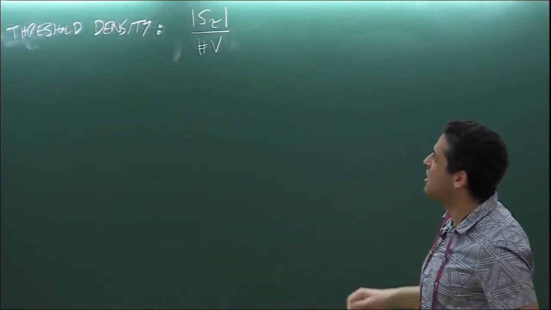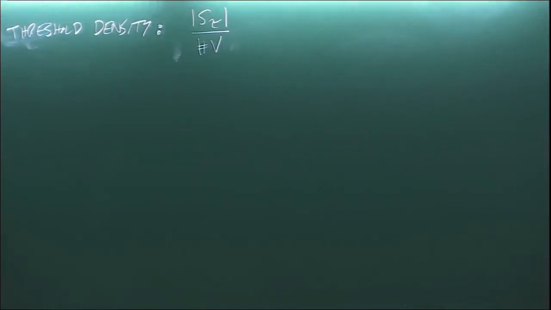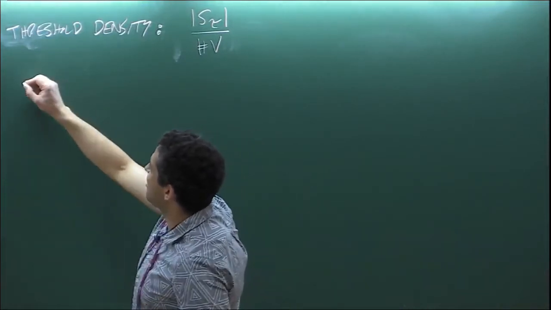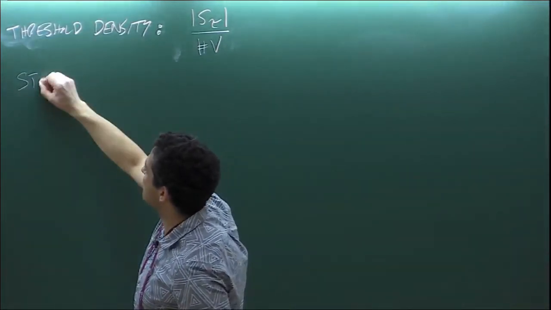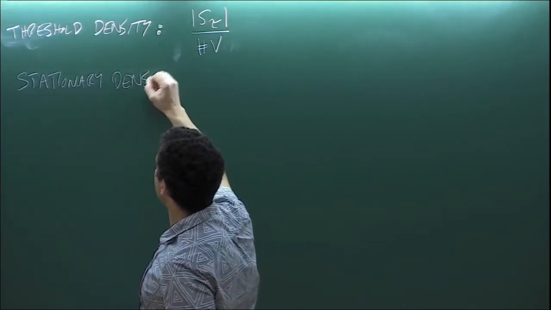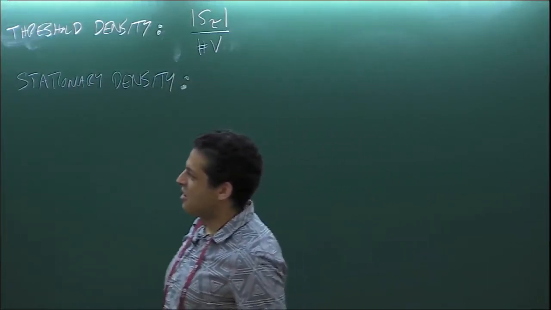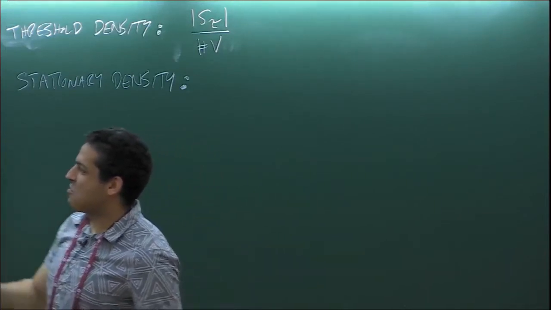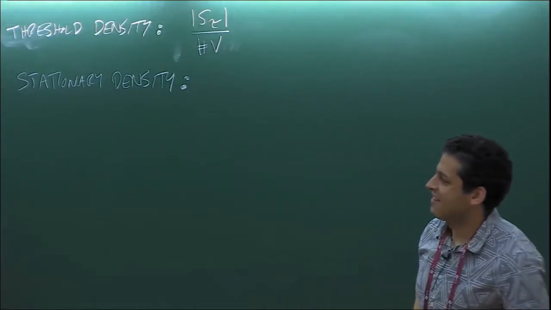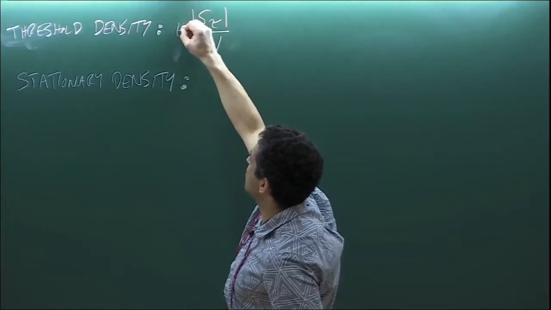So that's the number of chips in the threshold state divided by number of vertices. That's for the free chain, and there's also a stationary density, which is how many chips are there on average in this stationary recurrent state? Let's just look at expectation for now.